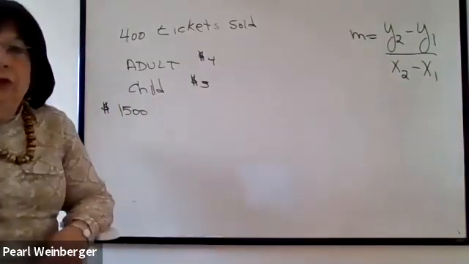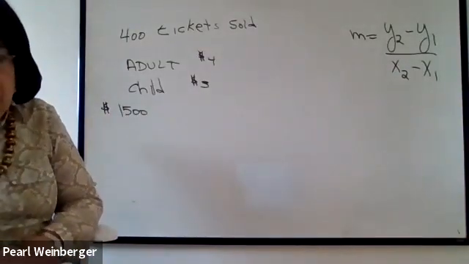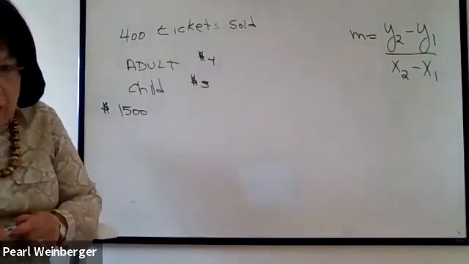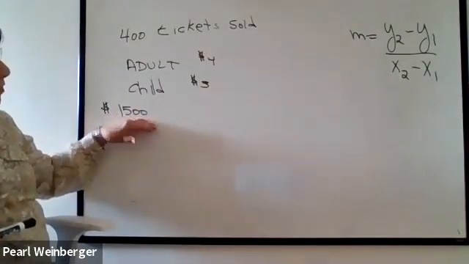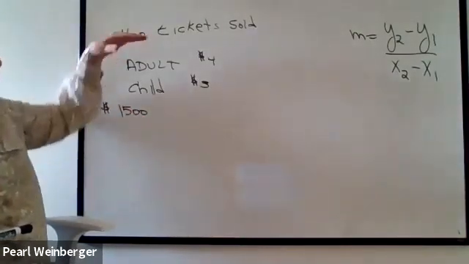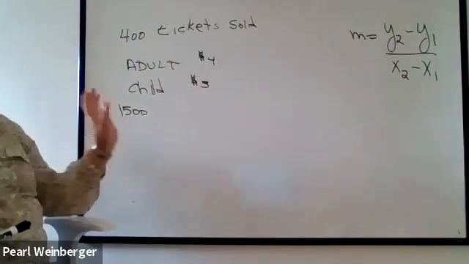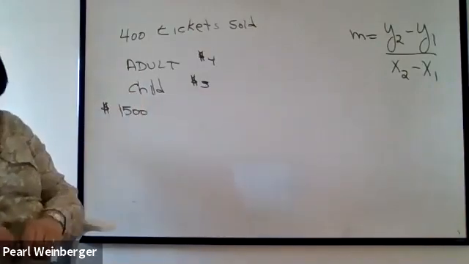Tell me how many adult tickets were sold and how many children tickets were sold. So we know how much each of the types of tickets cost. We got $1,500 altogether for these 400 tickets. I want you to write a system of equations and solve it to find out how many adult tickets and how many children's tickets were sold.